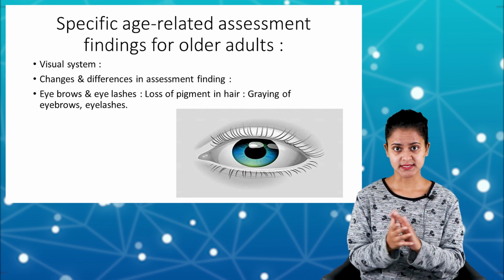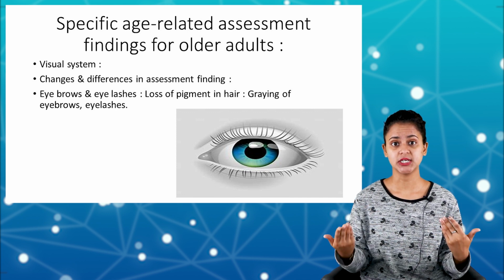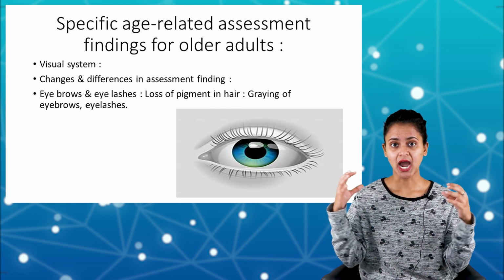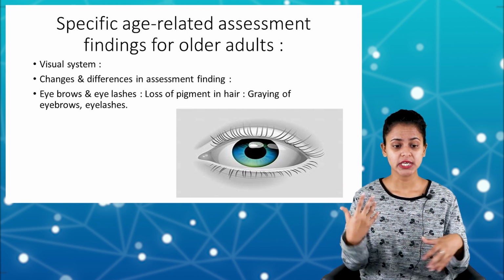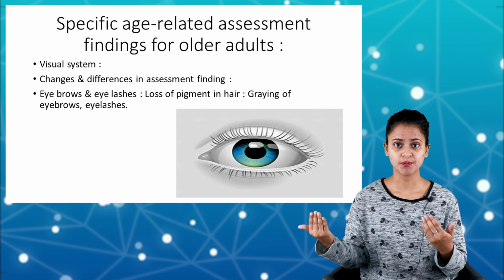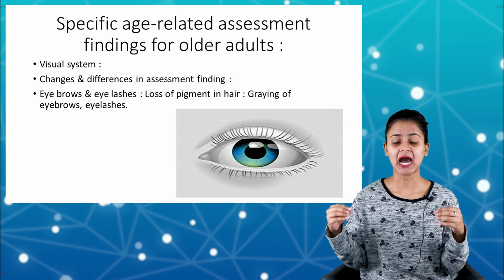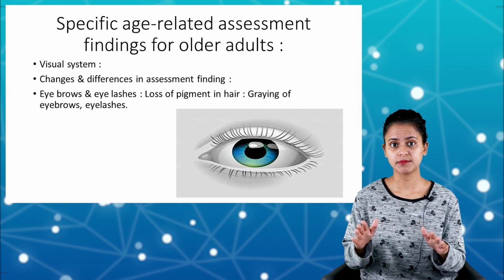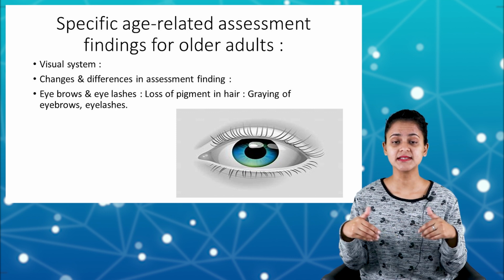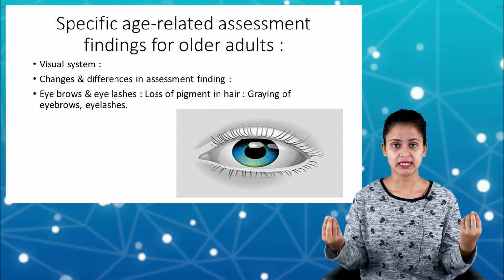In the visual system, for our old age people, we are going to see changes in their eyes, eyebrows, and eyesight. First, in an old age individual, the eyebrows and eyelashes often lose the pigmentation of the hair, and that is the reason for graying of the eyebrows and eyelashes.